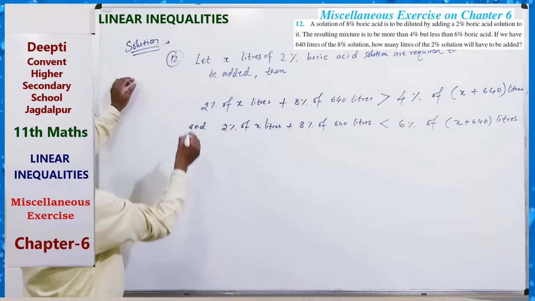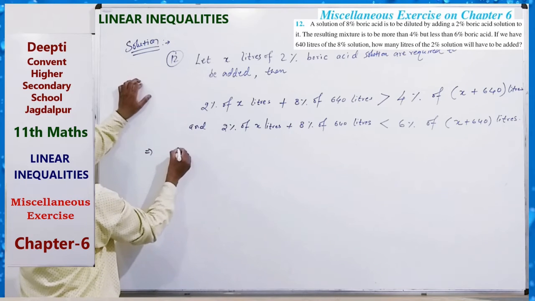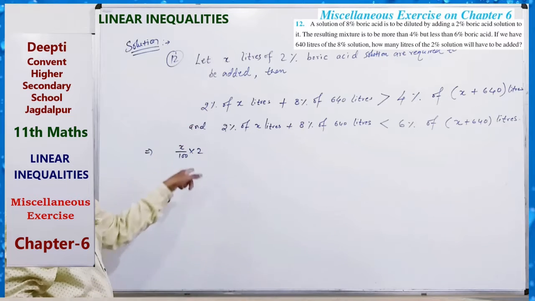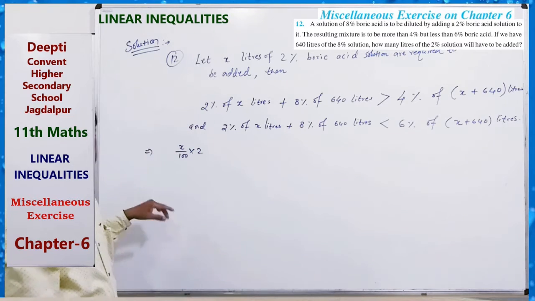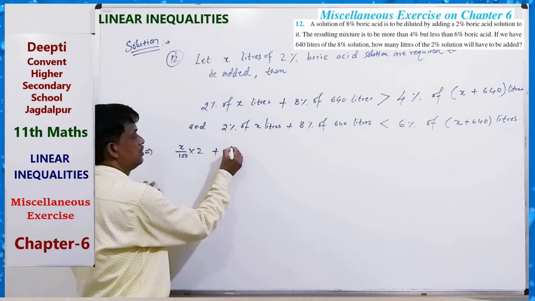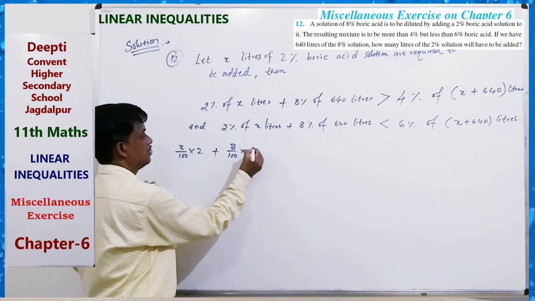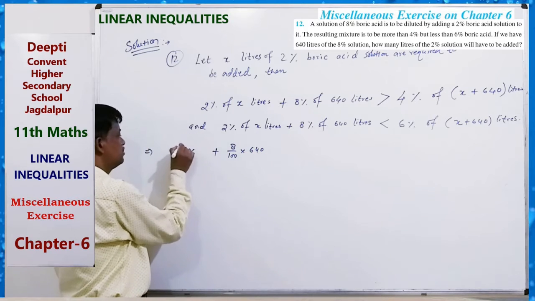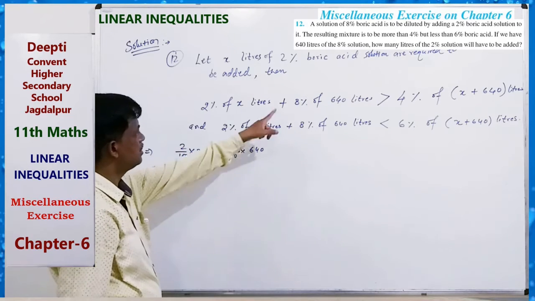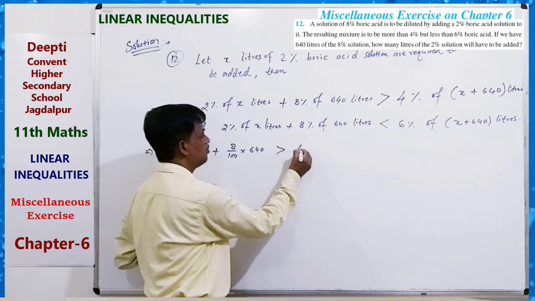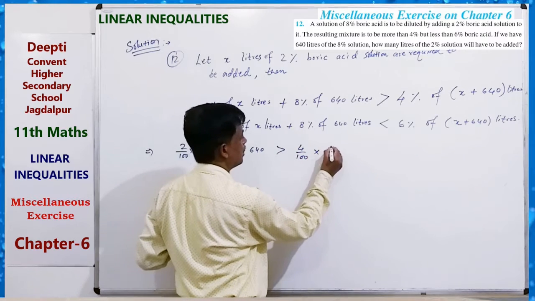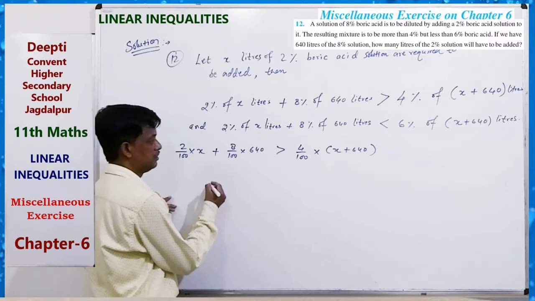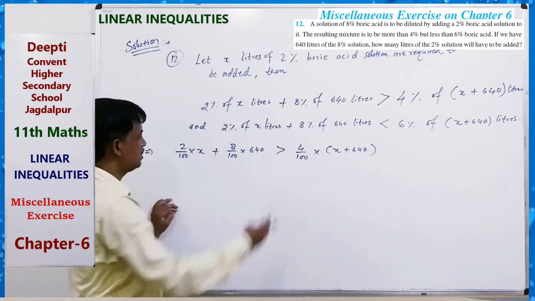So first, this implies 2% of X is 2 by 100 into X, and 8 by 100 into 640 is greater than 4 by 100 into X plus 640. This is the first. Also the second.